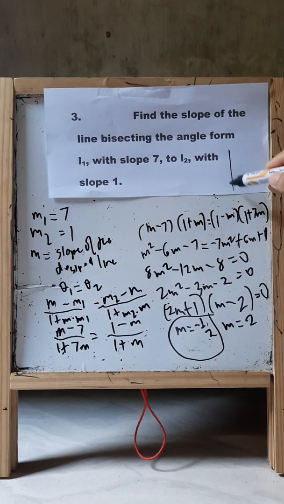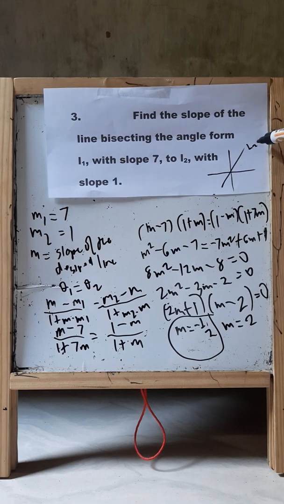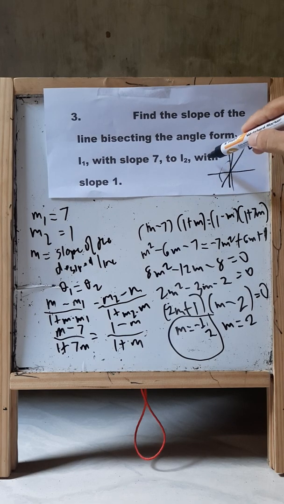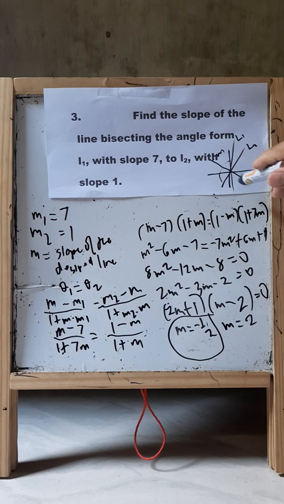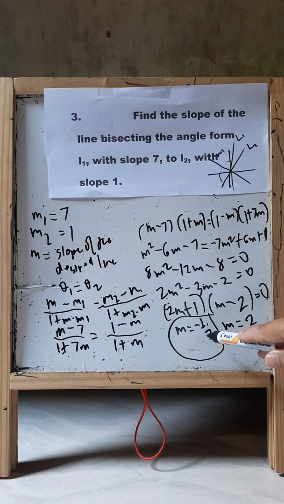Something like this: this is line 2, this is line 1, and this is the angle bisector. As you can see, the angle bisector is going to the left direction, so its slope should be negative, not positive. Right, that is how to solve example number 3. We now proceed to number 4. You can screenshot this part.